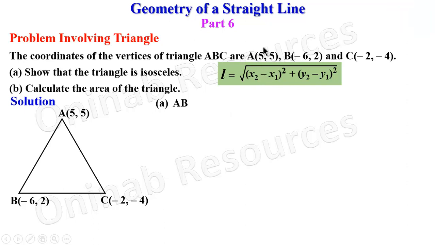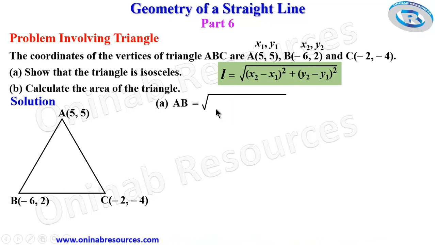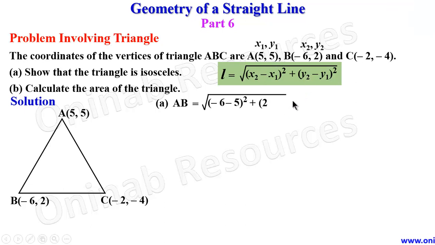So we take point A to be x1, y1, and point B to be x2, y2. Substituting into this formula, we have the square root of (x2 is -6 minus x1, that's 5) all squared, plus (y2 is 2 minus 5) all squared.